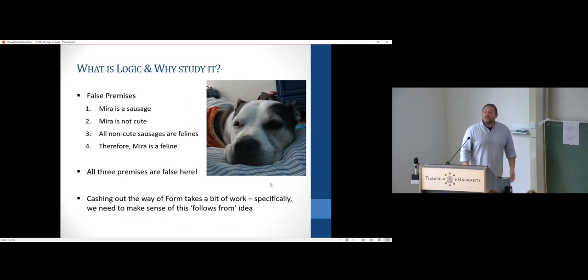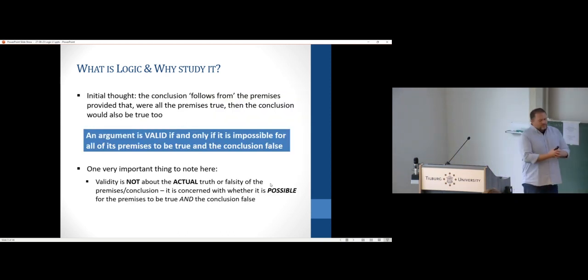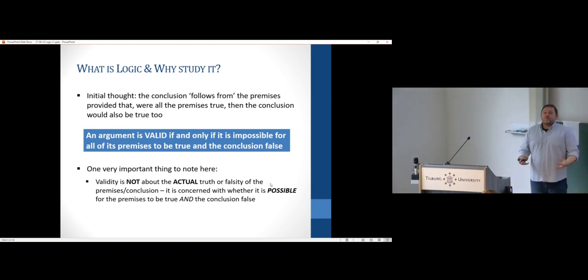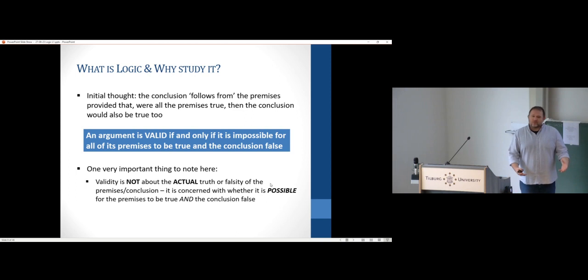So we're going to try and cash out this idea of "follows from." And here's the way we're going to do it. We'll say that the conclusion follows from the premises, provided that were all the premises true, then the conclusion must be true too. Or, to introduce the big notion, we'll say that an argument is valid if and only if it's impossible for all the premises to be true and the conclusion false.